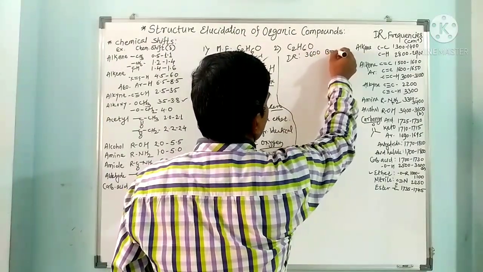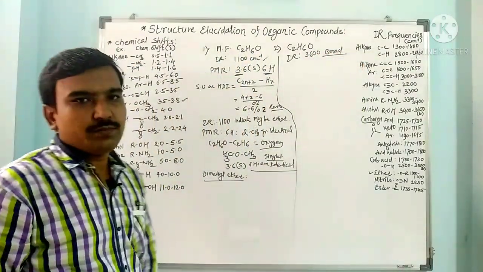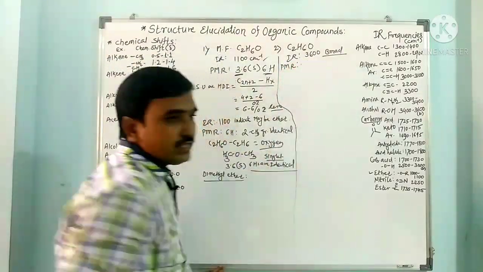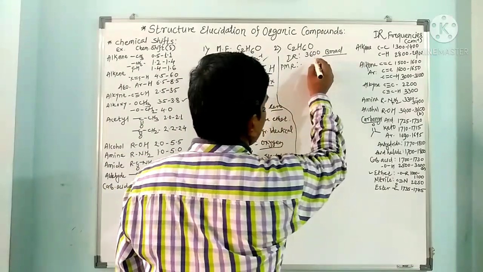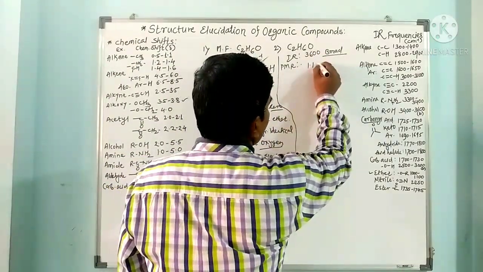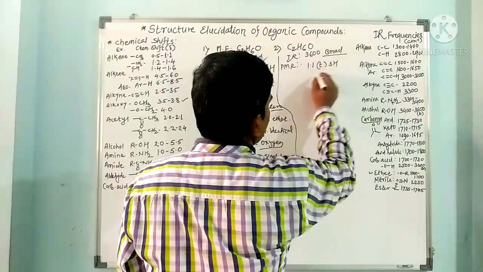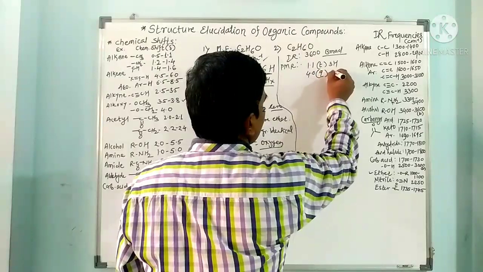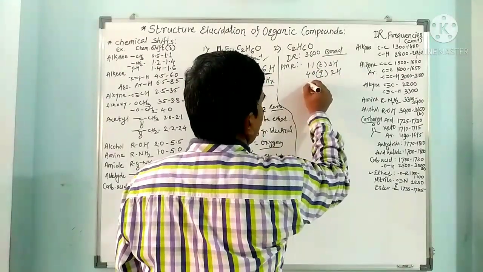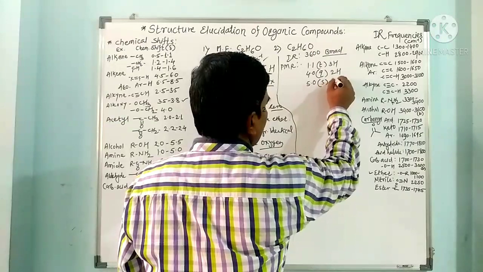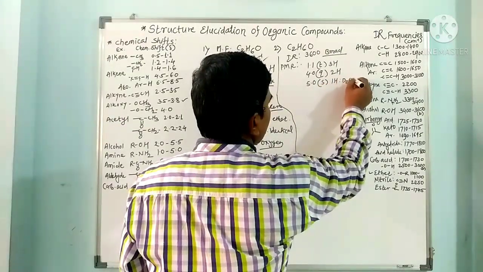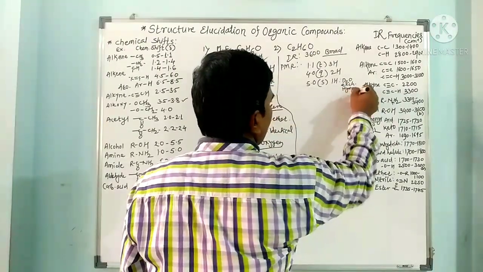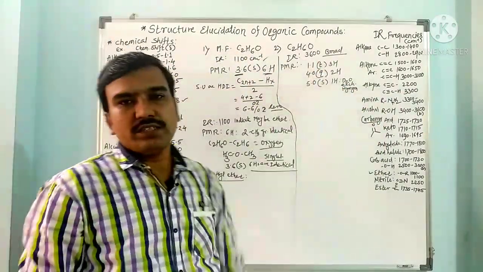We have a broad peak at 3600 per centimeter, and in PMR we have 3 signals: one at 1.1, triplet by 3 hydrogens, at 4.0, quartet by 2 hydrogens, and around 5.0, singlet by 1 hydrogen, and this is D2O exchangeable hydrogen. This additional information is given here. So from this we have to determine the structure.